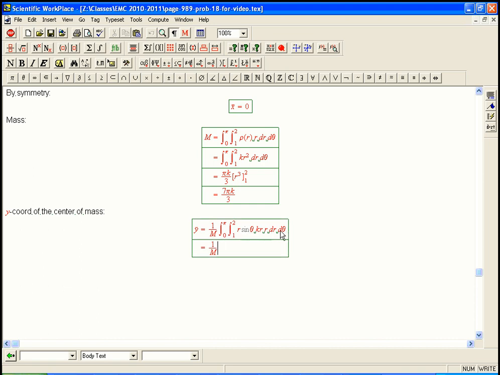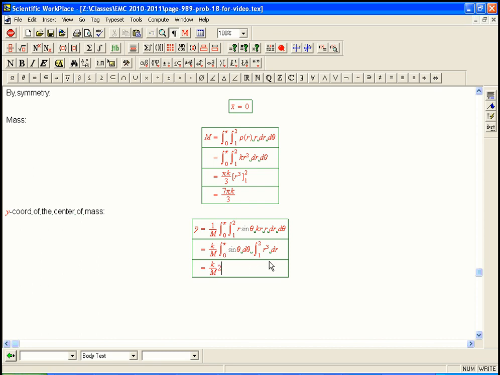So now it's not just theta giving us a pi, but we can still separate it out into two pieces. That's the integral 0 to pi of sine theta d theta. And then the k is coming out. That's going to cancel pretty soon. And then the integral 1 to 2 of, now it's r cubed dr. Okay, so the k over m stays. Integral 0 to pi of sine theta is 2.